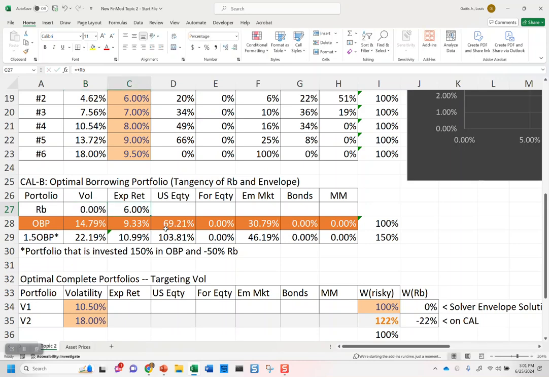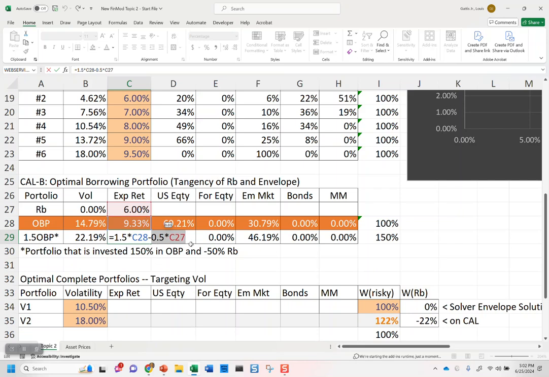This is my RB point. However, here's my kind of arbitrary leverage point. The volatility of that portfolio, if I had $1 and I borrow 50 cents, I get 150% of the volatility of this portfolio here. I get 150% of this number. I get 150% of the return also, but I need to pay 50 cents interest on the 50 cents.